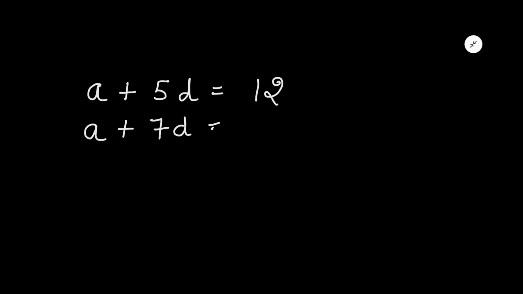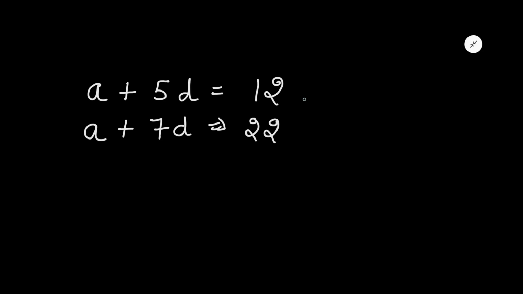So now we will take both our equations which we named as 1 and 2. Our first equation was a plus 5d is equal to 12, and our second equation was a plus 7d is equal to 22. We will solve both these equations by the elimination method.